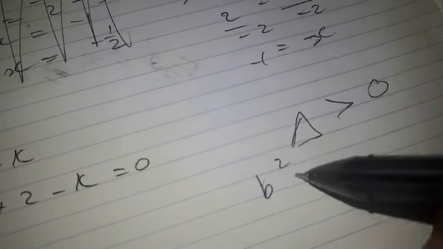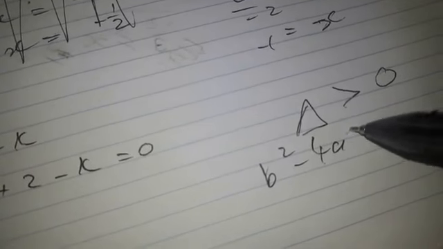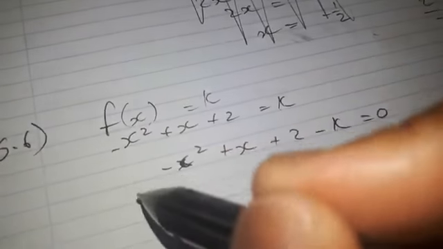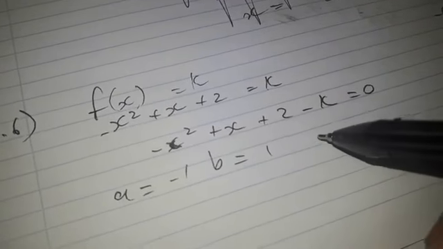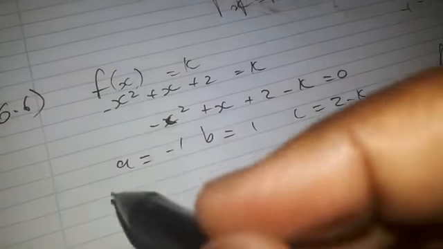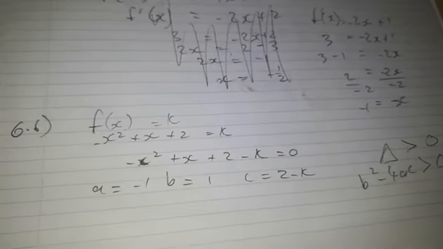Now delta is this value here, b squared minus 4ac. So we need to work out where this is bigger than 0. Firstly, our a value is technically negative 1, our b value is a positive 1, and our c value is this whole thing here, 2 minus k. So we need to work out where b squared minus 4ac is bigger than 0.